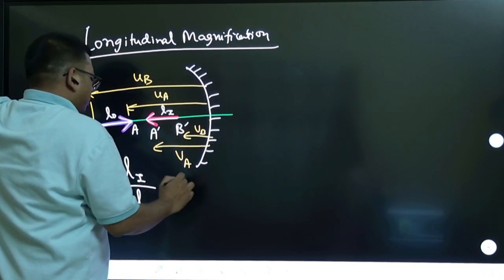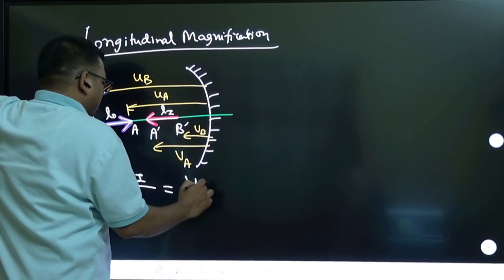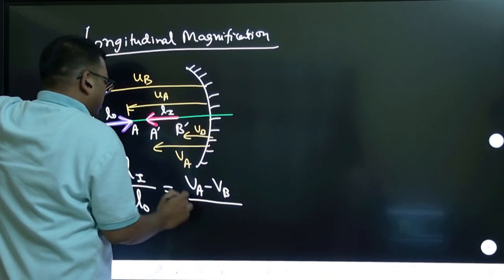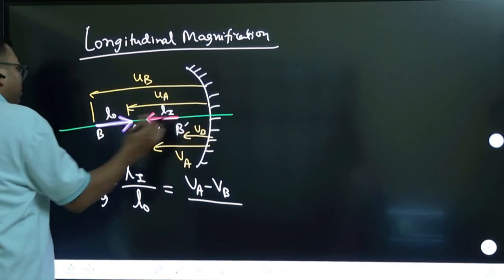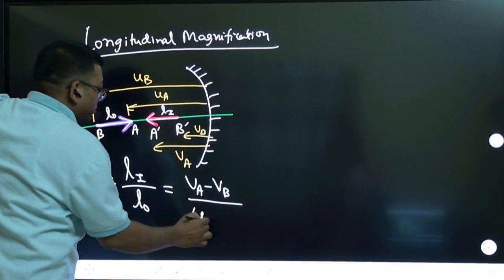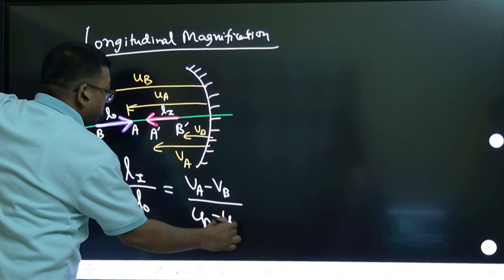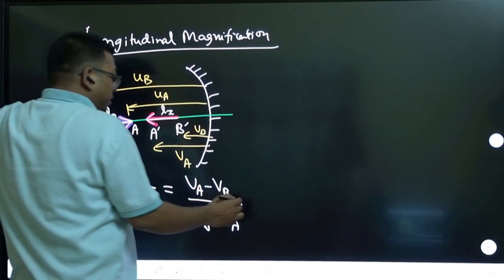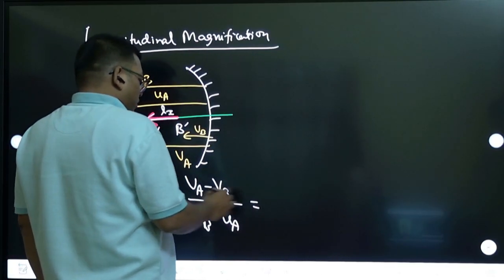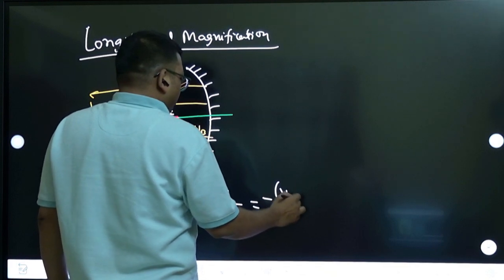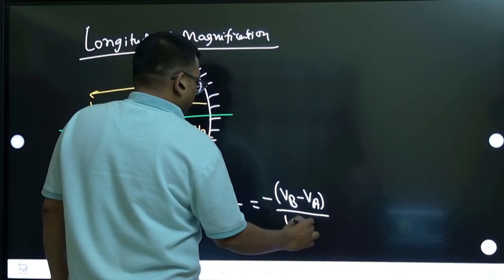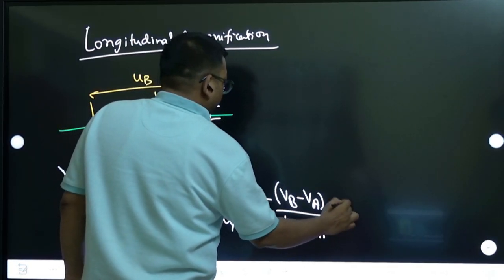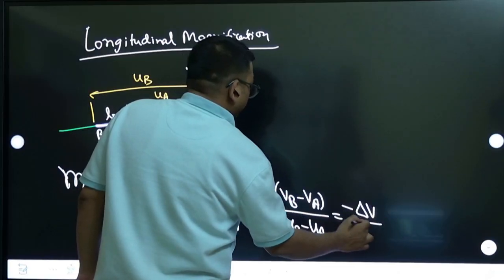These are all lengths, magnitudes only. To calculate the length of the object, I will substitute UB minus UA. Now I will take a minus common here, so it becomes VB minus VA over UB minus UA. So this will become delta V by delta U.